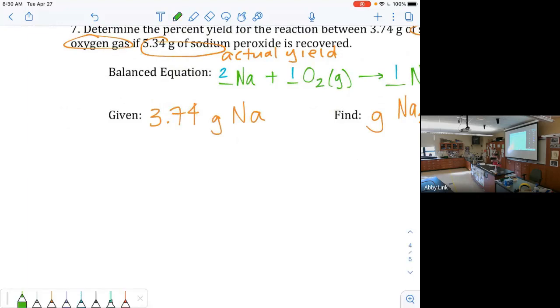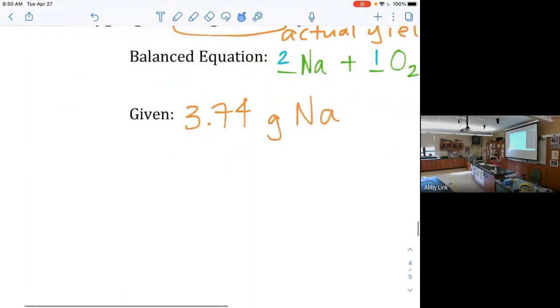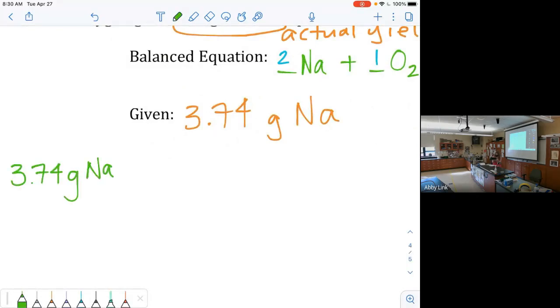So we'll begin with our 3.74 grams of sodium over 1. All right. Looking at your units here, we're going to need grams of sodium in the denominator. Think about your two conversion factors, right?